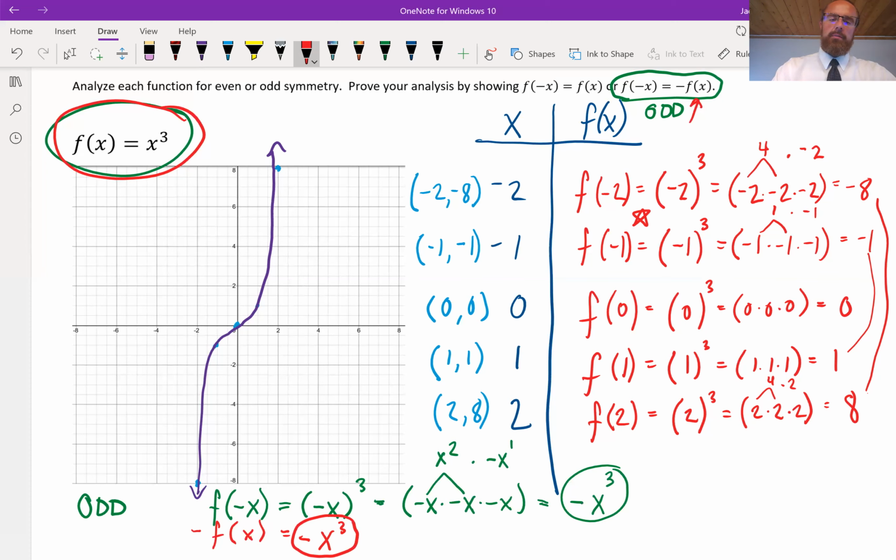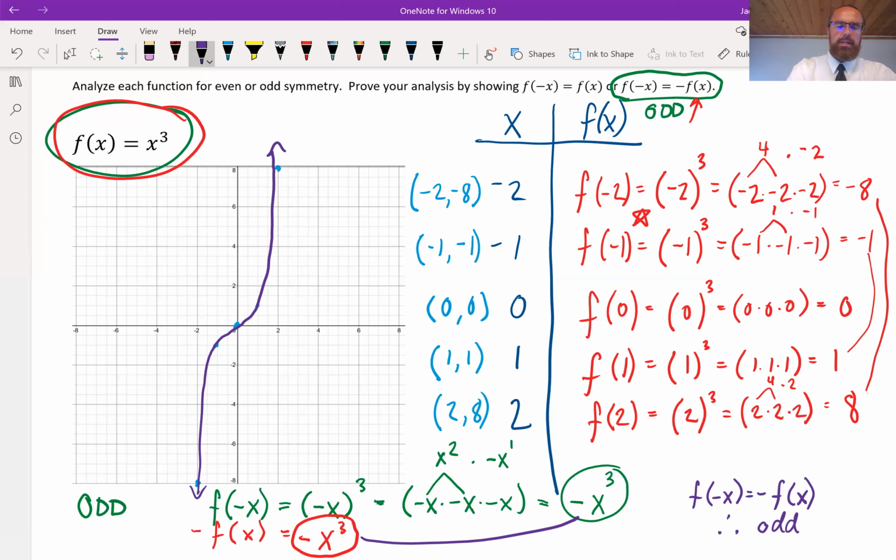I just need to compare how does negative x cubed in the red compare to negative x cubed in the green. They're equal. So what we see is that we have the statement f at negative x for this x cubed equals negative f at x, which perfectly shows this odd symmetry from an algebraic point of view. So therefore it is odd.